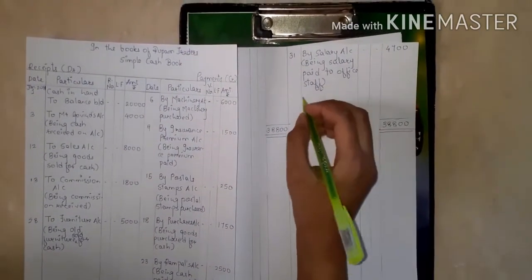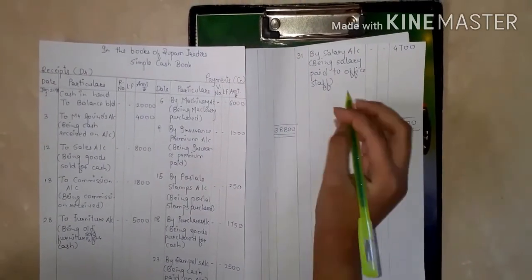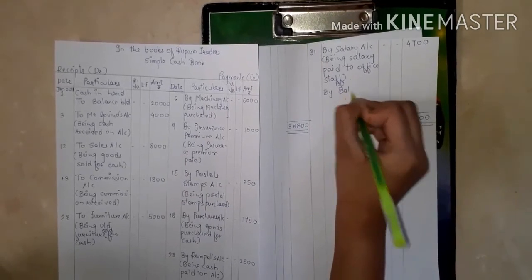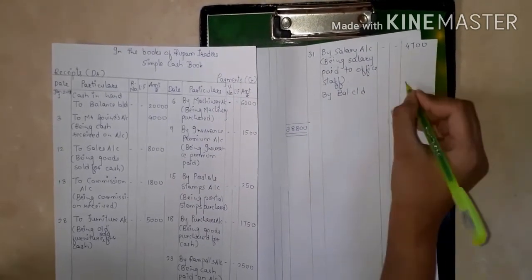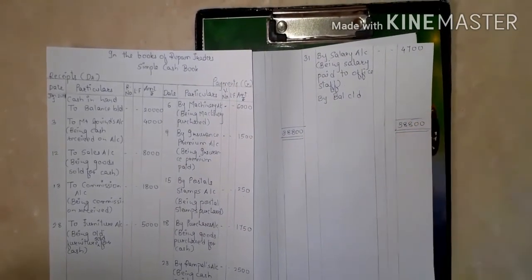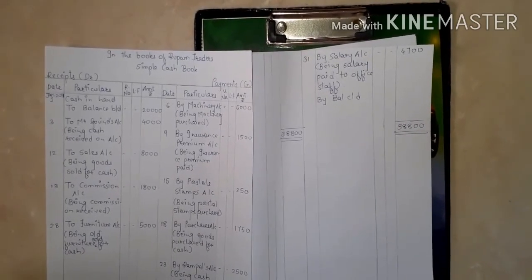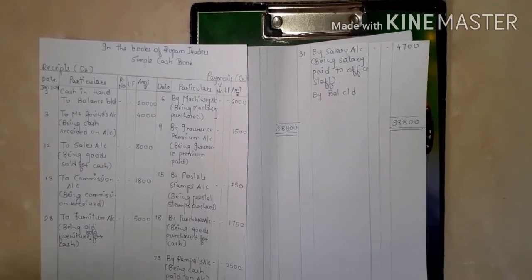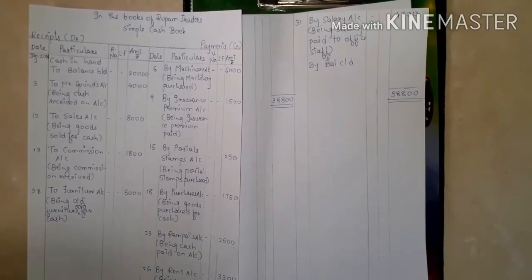Now here I have got the amount 16,600. So I will write here by balance carried down. Why by balance carried down? Because to equalize both sides, to tally both sides, that is why we have to carry down the balance.